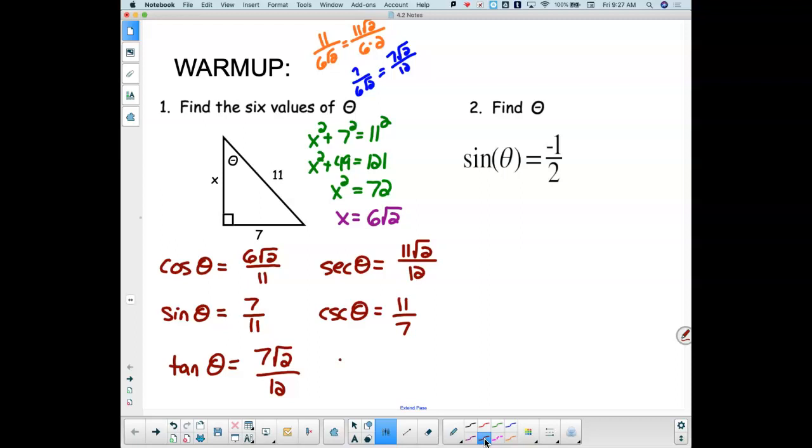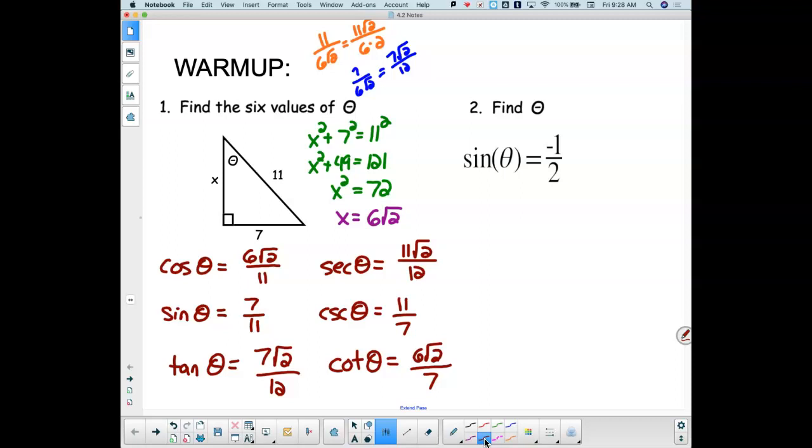And cotangent is going to be 6 square roots of 2 over 7. Questions on those 6? No? None? None. Love it. Okay? Second one.